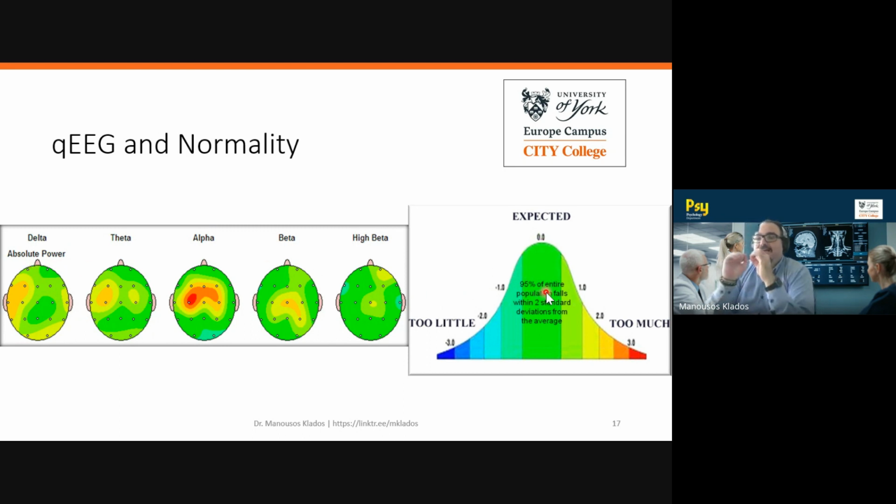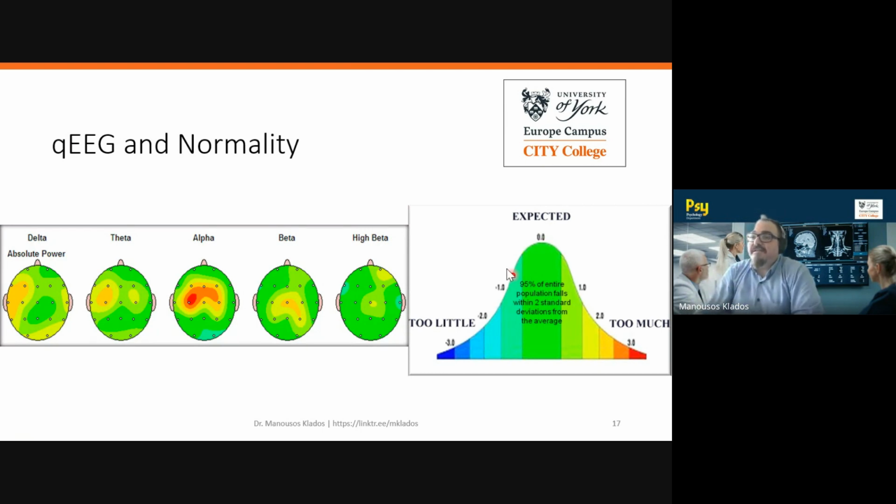Here let me tell you that these normative databases are built by recruiting many thousands, 1,000, 2,000, 3,000 normal participants, meaning participants without any kind of disorder. Based on their recordings, we make these norms. It's how we make the norms in the typical psychometric tools.